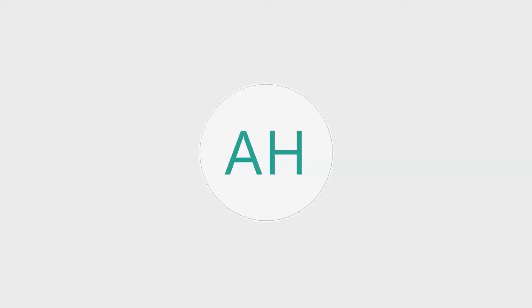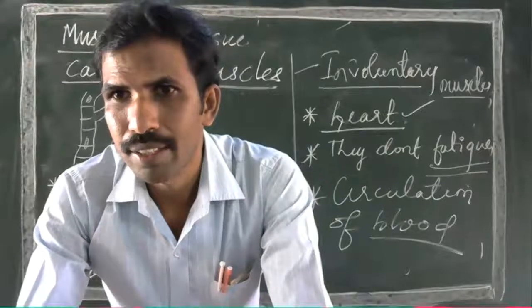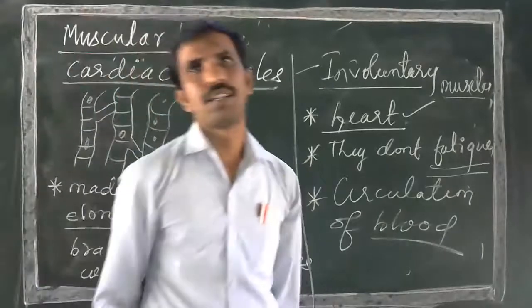For answering, I raised my hand, sir. Okay. What is the answer? Components of connective tissue? Cells, fibers, and matrix. Okay, thank you very much. Very good. So please watch the video.